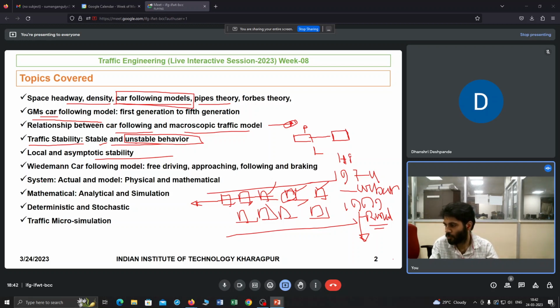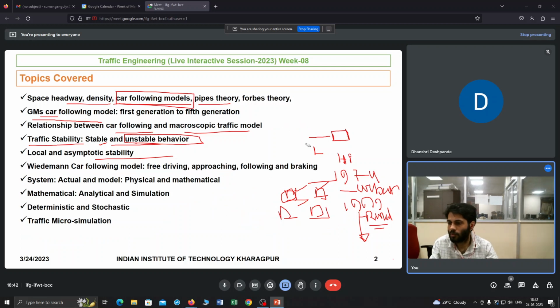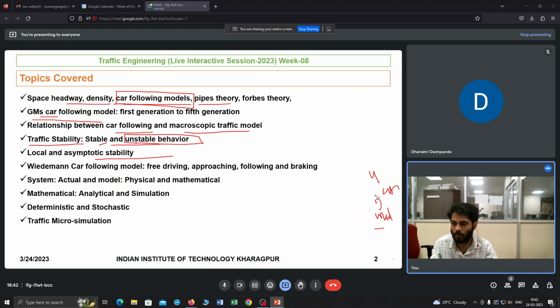So then we come to simulation, and what is the need of simulation, right? There is something called a system. If you imagine everything is a system, your traffic stream is a system consisting of vehicles, drivers, roadways, and traffic control devices like traffic signals and markings, interacting in unique ways, right?